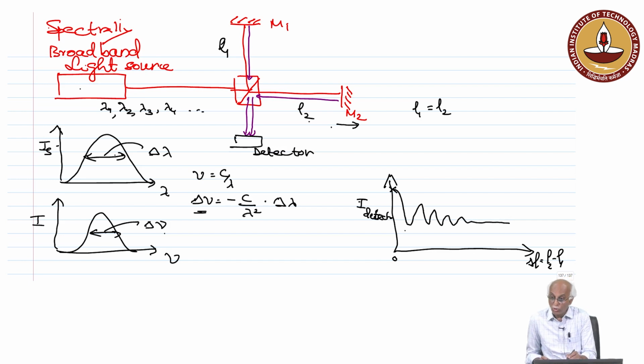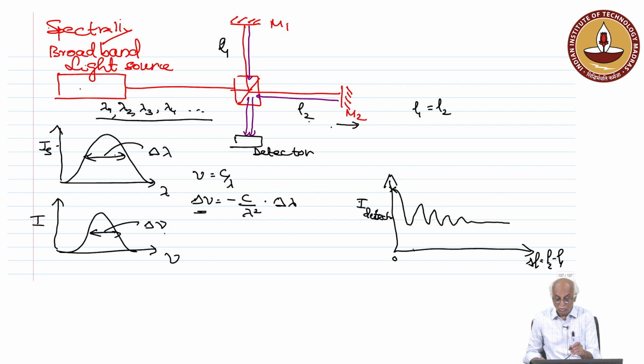So, first of all, you will not be able to observe the zero information, because at any point of time whenever L1 and L2 are not equal, certain wavelengths will be having a phase match. Because it consists of so many different wavelengths, some of these wavelengths will be having the same phase with each other.